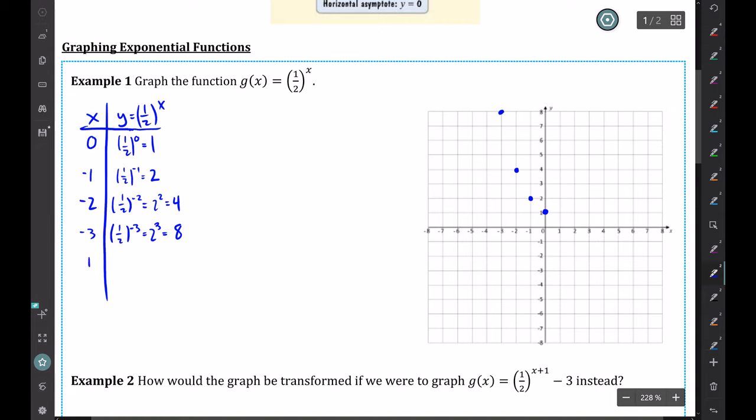And if I plug in 1, I get 1/2 to the 1, or just 1/2. And if I plug in 2, I get 1/2 squared, which is 1 over 2 squared, which is 1/4. And if you plug in 3, you get 1/8.